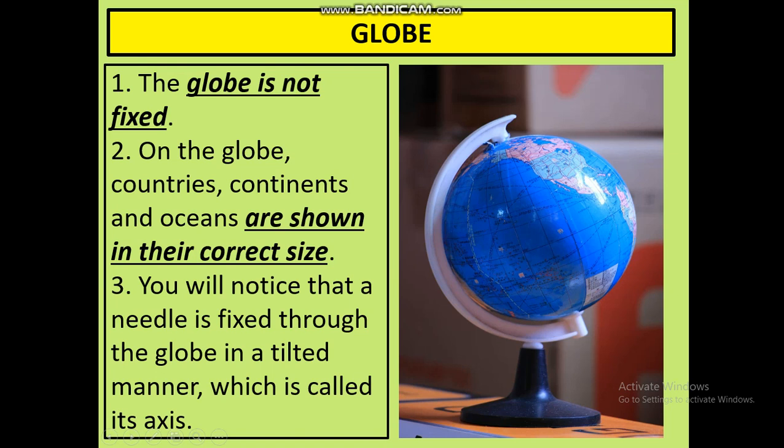You will notice that a needle is fixed through the globe. Here this globe is being tied with this stand with the help of one needle, and you cannot see this needle because it is pierced inside this globe, right? And this top portion and this bottom portion are known as axis.